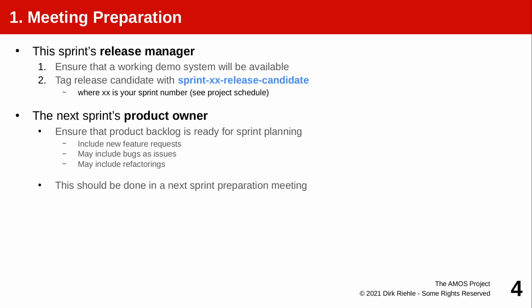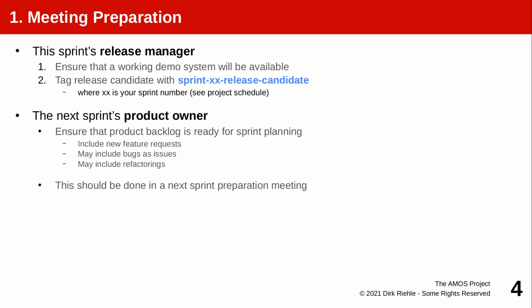Next to the release manager, the product owner, the person responsible for features and requirements, makes sure that the product backlog is in good order, meaning there are enough new features described that will keep the team busy at least for the upcoming sprint. Usually there should be much more. And that these feature descriptions are of high quality so that you can actually discuss them in the team meeting.